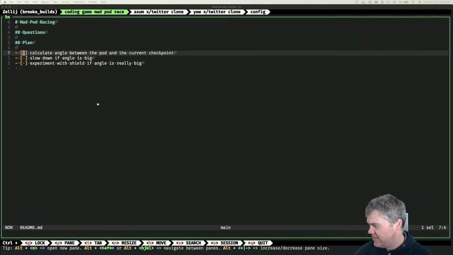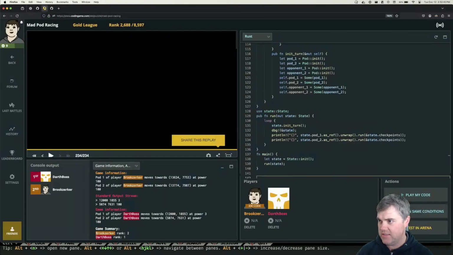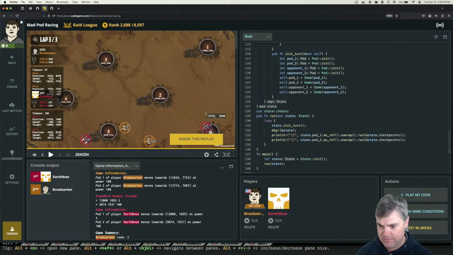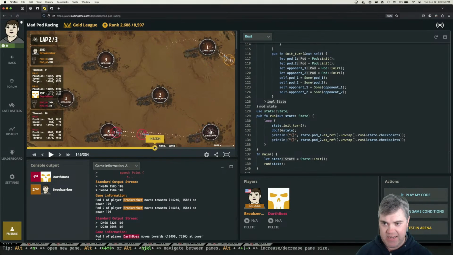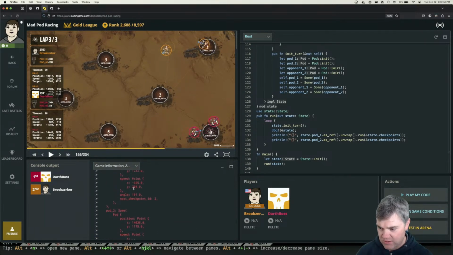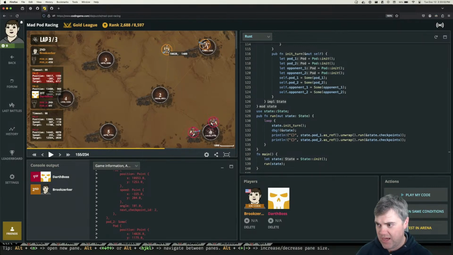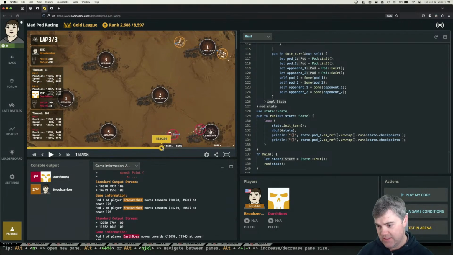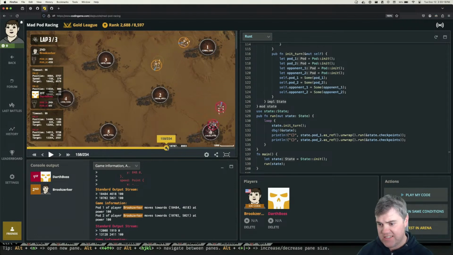So if we take a look at our coding game, I guess this is from the last time we went through. We have an angle. For pod 1, our angle is 101.0. We're pointed nearly down, and it says 90 is to the right.